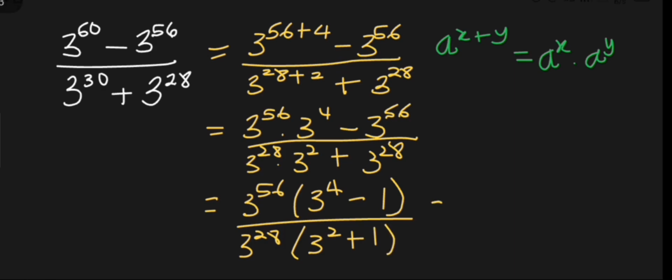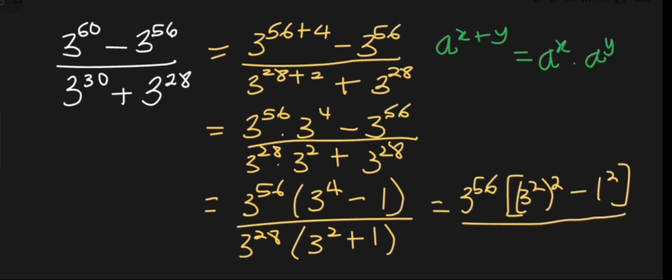Then 3 to the power of 4 minus 1 in the numerator, we express it thus: 3 squared to the power of 2 minus 1 expressed as 1 squared, over the denominator kept the same, 3 to the power of 28 times 3 squared plus 1.